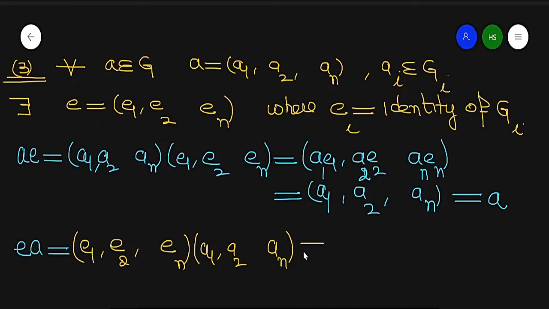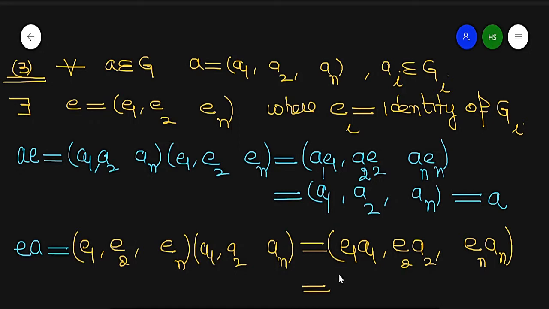So it means this is (e1 a1, e2 a2, and so on up to en an). Again this is equal to (a1, a2, and so on up to an). So what is its value? Its value is equal to a.